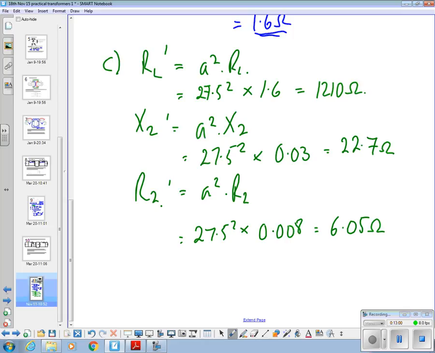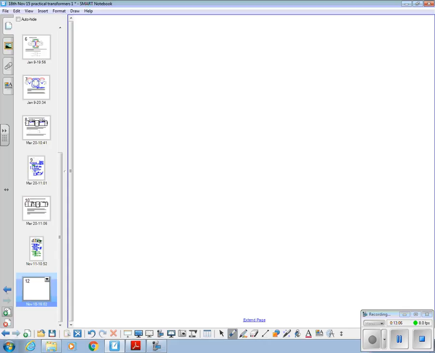So what we've effectively done, I'm going to go on to a new page here because we've now got a new model. There's our generator voltage. They're the two terminals, EP, that's 11 kV.